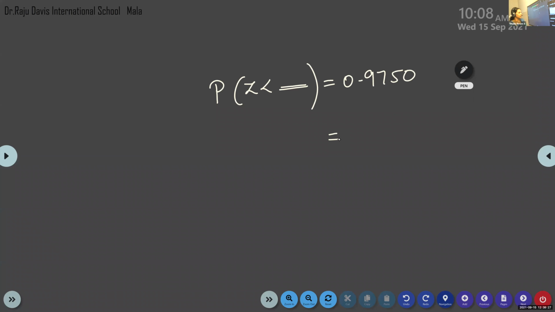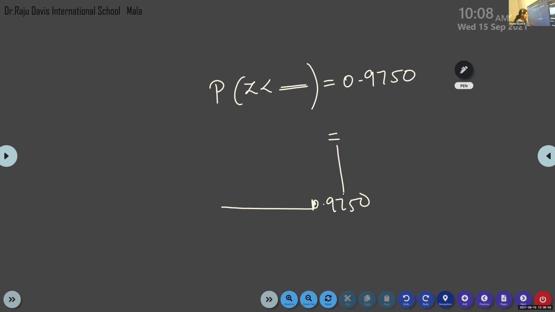You take the table. Open your table. Check where you will get 9750. Look at the row number and the column number.